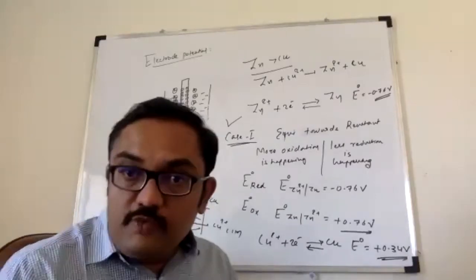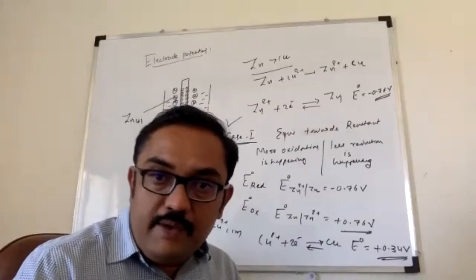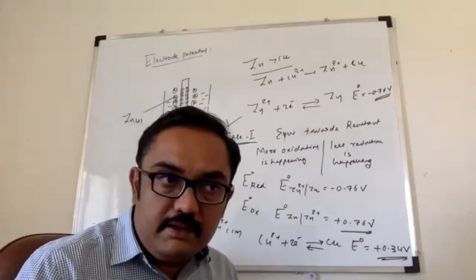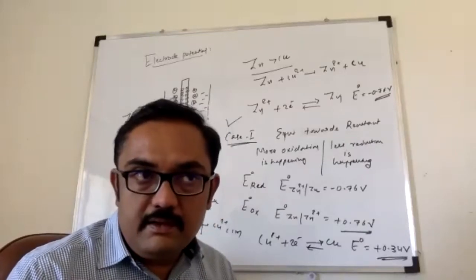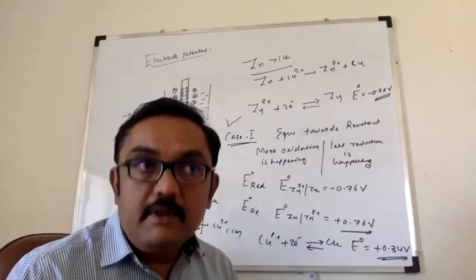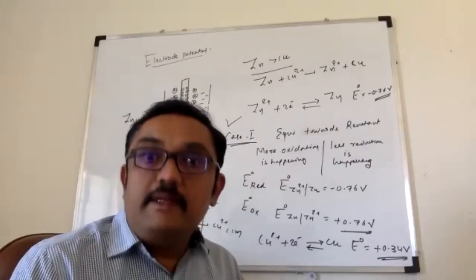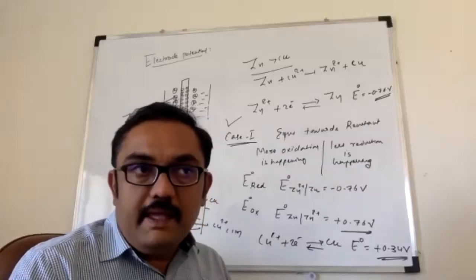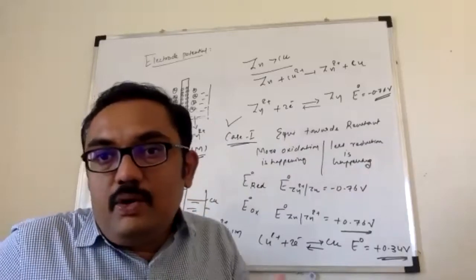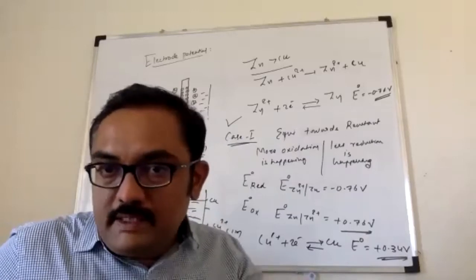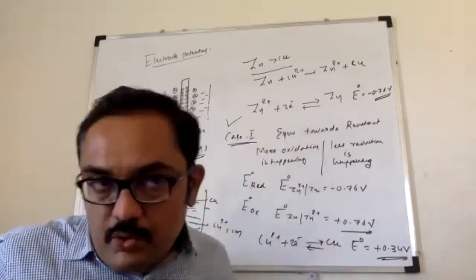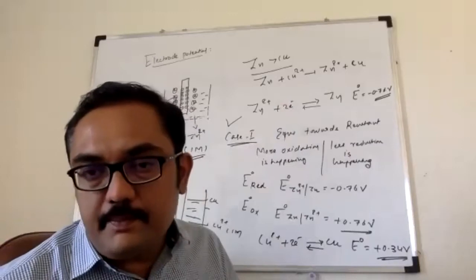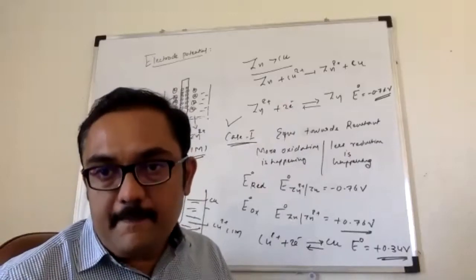In your course book, as I said, they have represented electrode potential in which way? Most of the time, reduction. They have used standard reduction potential throughout your course book, because every time we are not going to represent both the tendencies.